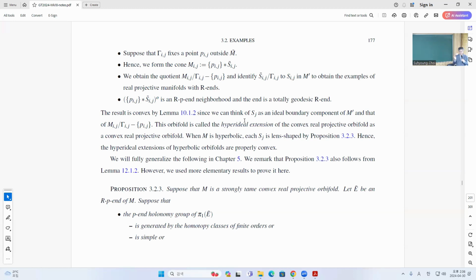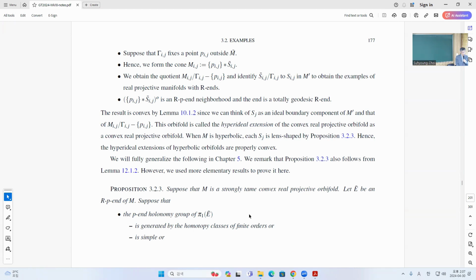So you cut off these and then you make a cone manifold and then you glue these. Okay. So these are called hyper-ideal extension of convex real projective orbifolds. So when M is hyperbolic, this will be lens shaped by some proposition to come out later here.